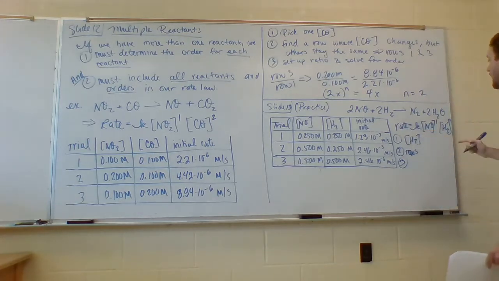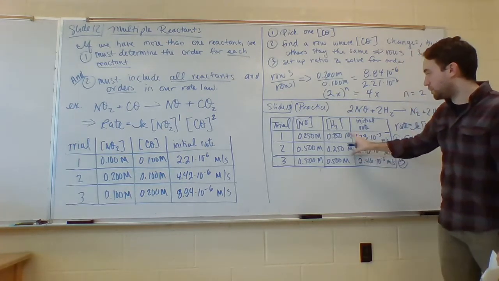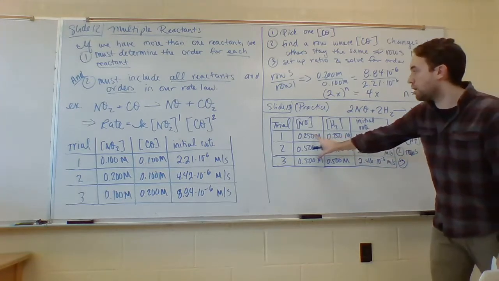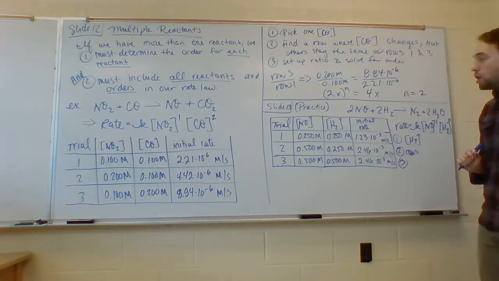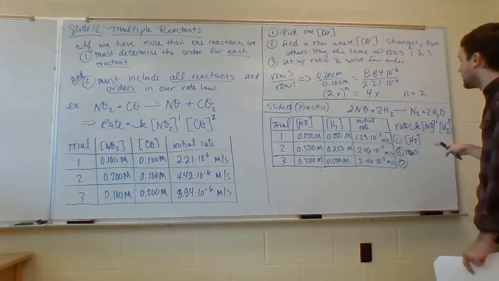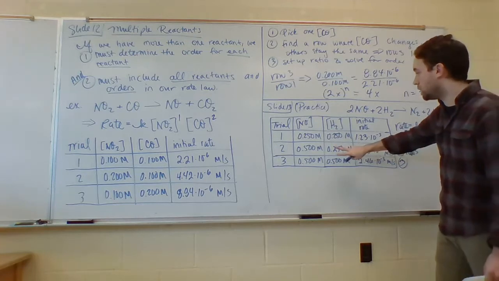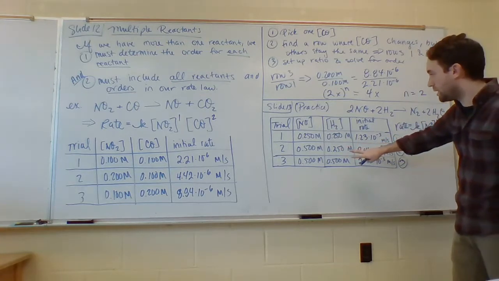So we want to find rows where H2 changes, but our NO does not. We could do, looks like, 1 and 3. That would change our H2, but notice that our concentrations of NO also change. Because the concentrations of NO also change, we cannot use rows 1 and 3. So let's take a look at rows 2 and 3.